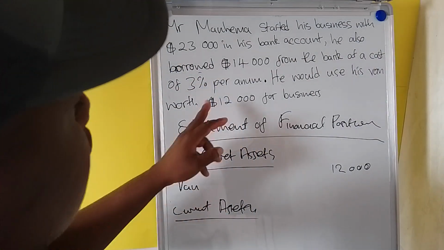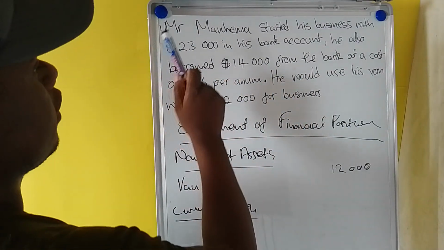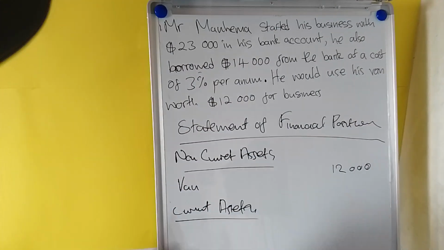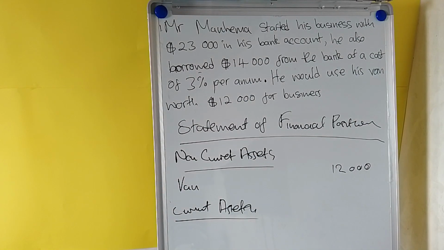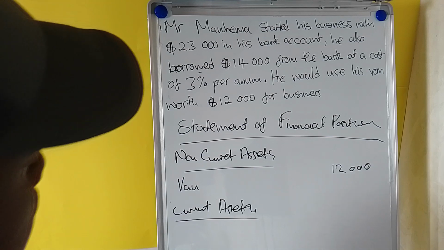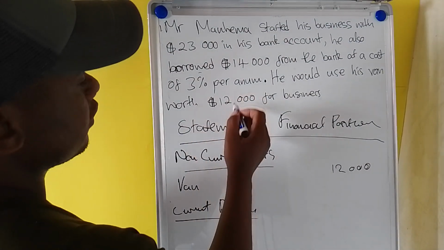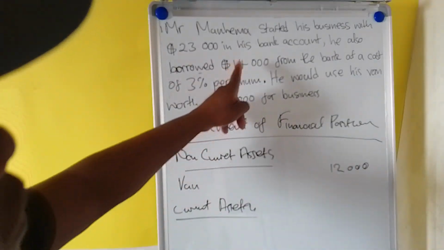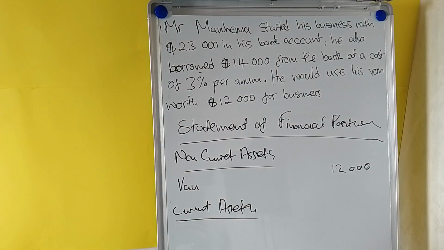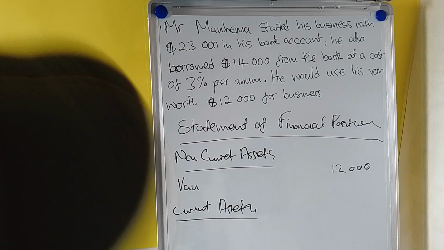The current assets, the first statement we have got 23,000 which was injected into the business, and we also have 14,000 which was injected into the business through a loan.